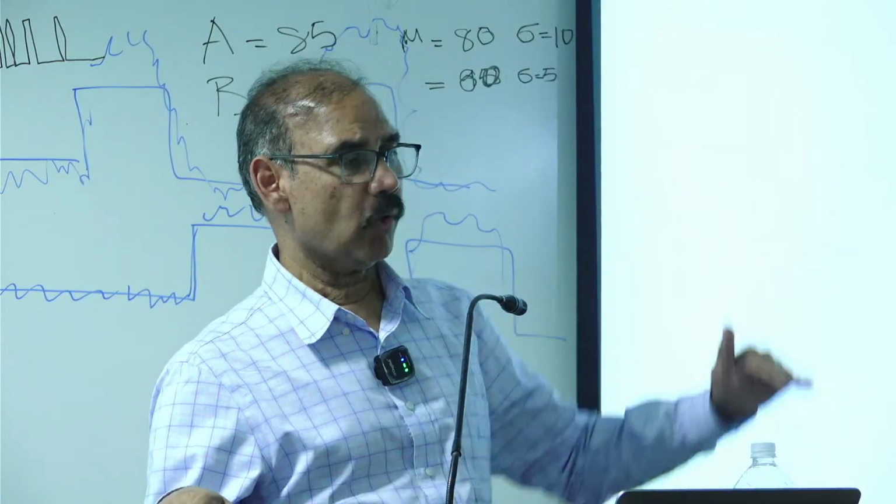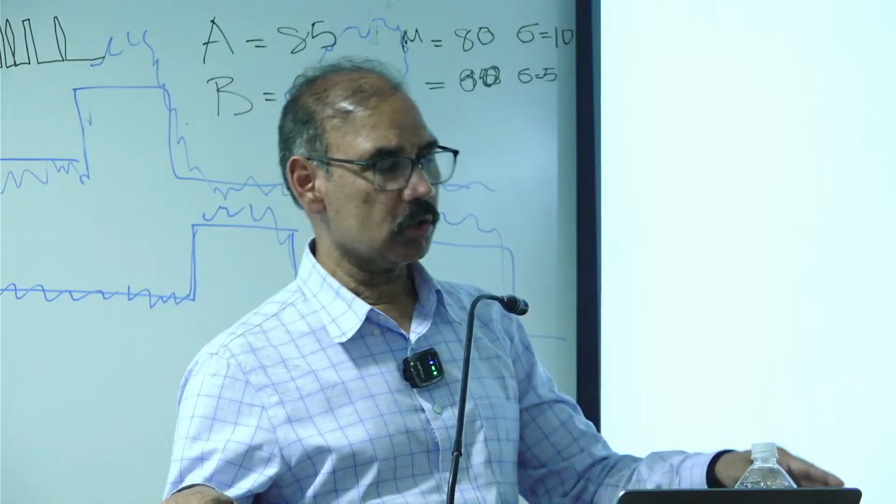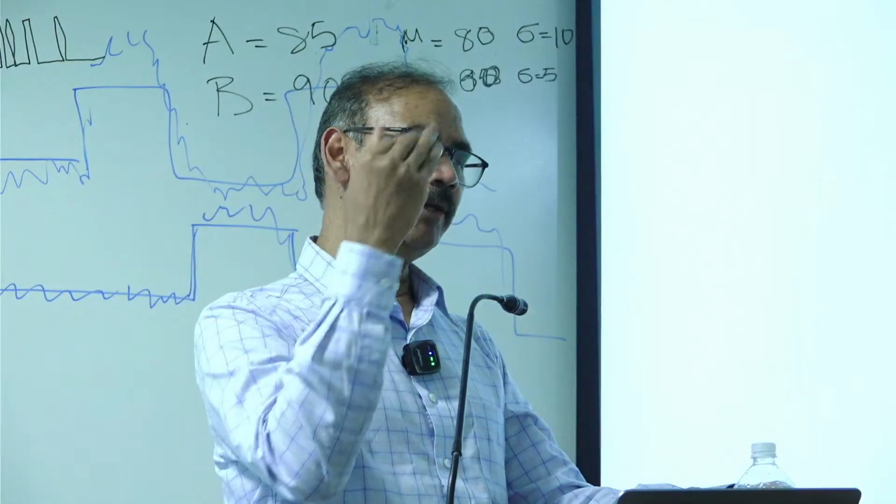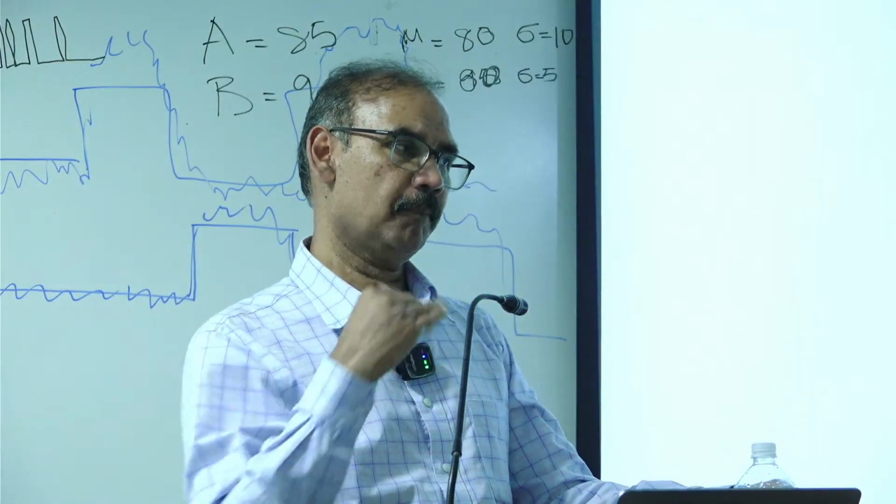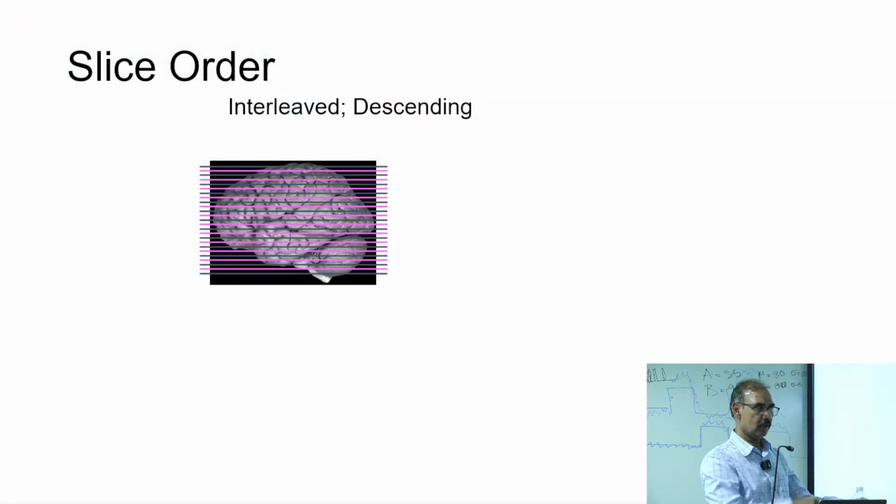Because it took 1 second to collect all the odd numbers, then to go to 2, you would have spent 1 second. So between slice 1 and slice 2, there would be 1 second, and so on. So again, one has to be careful.